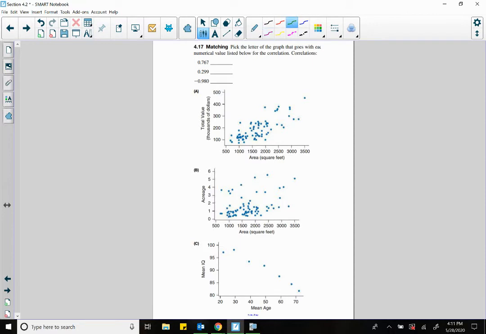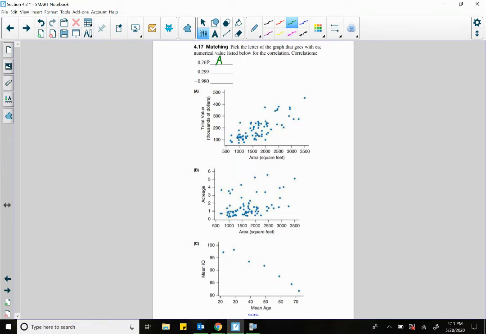Okay. So hopefully you said that graph A is this guy, because this is closer to 1, so it should look like it's forming a line, and it's positive. The only ones that look like they're forming a line and that are positive are A and B. And because this is closer to 1, I know my dots should be closer together.